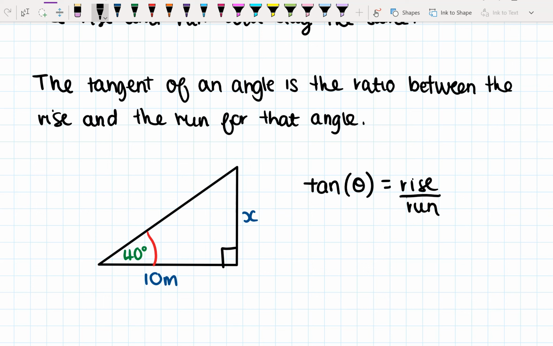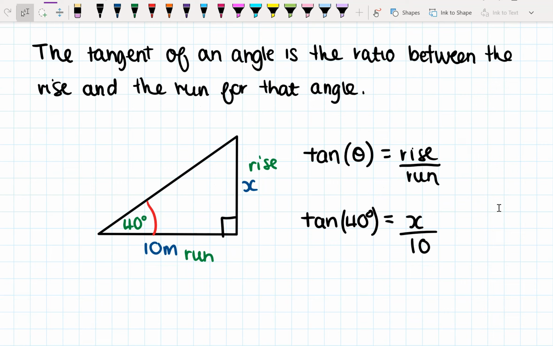Now in this case, theta, the angle of elevation, is 40 degrees. So we're going to write the tan of 40 degrees is equal to the rise, and in this case our rise is x. We'll put rise on there just so that you remember. Rise and run. The rise is x, so we'll write x in place of the rise, and the run is 10.